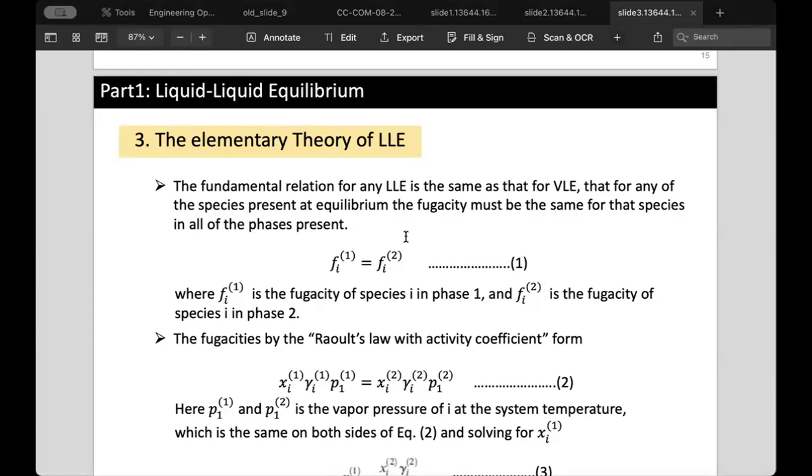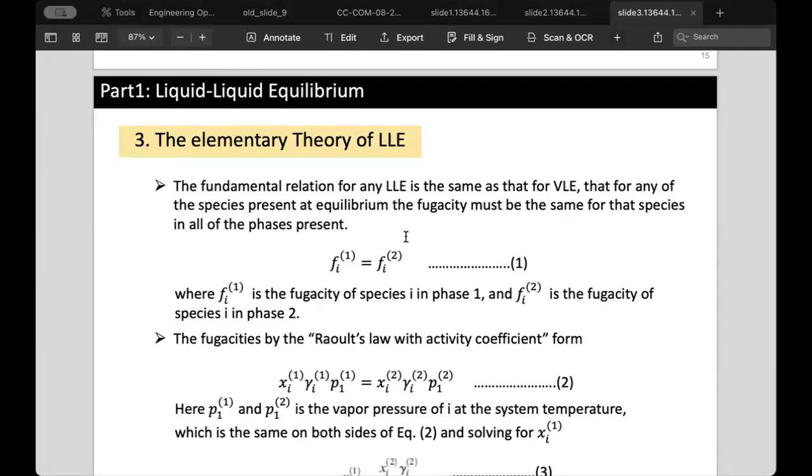Well, you remember previously we dealt with VLE, the fugacity of the liquid phase. How can we calculate the fugacity of the liquid phase? We estimated it using what? Fugacity of the liquid equals fugacity of the pure liquid, right?